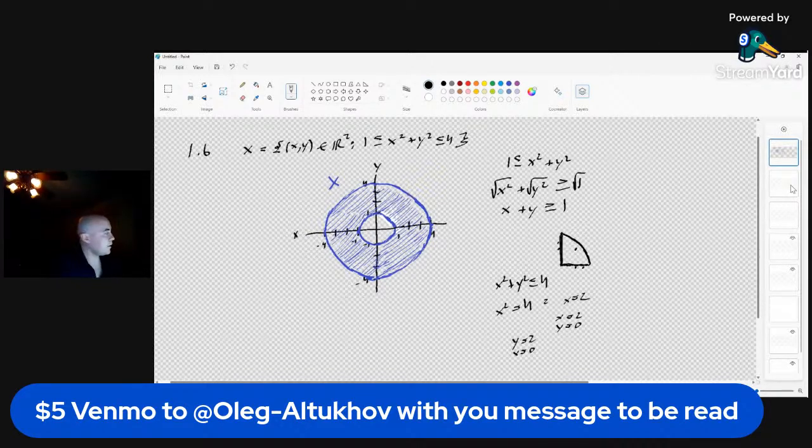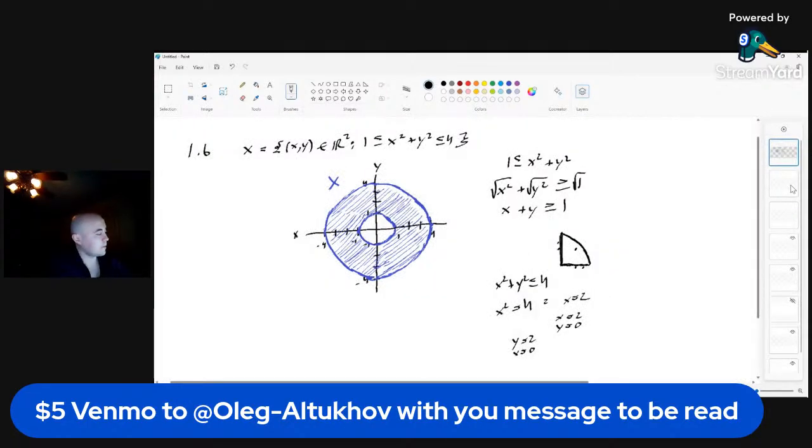Okay. Right. That's the correct answer. I'm trying to establish this arc right here. Don't worry about that. Just know the formula for the unit circle and then just draw a circle. That's really the trick to it.